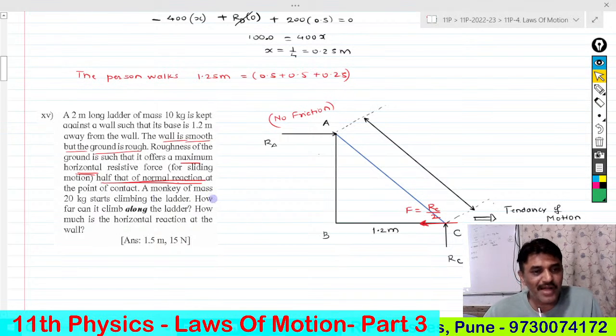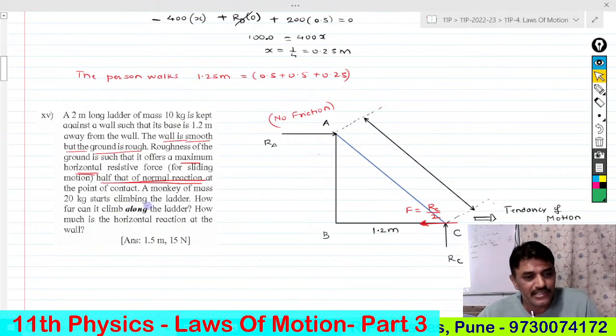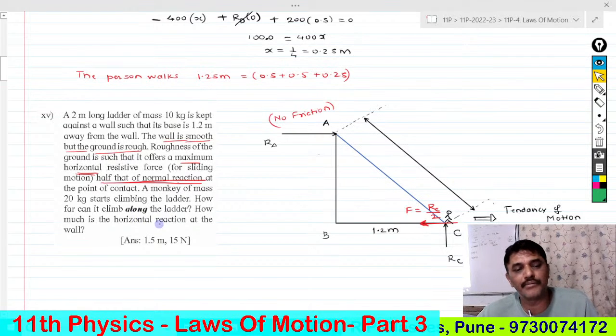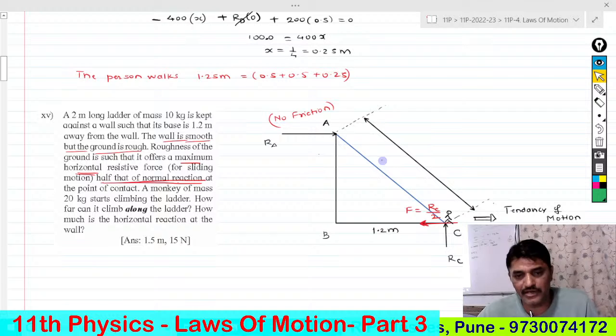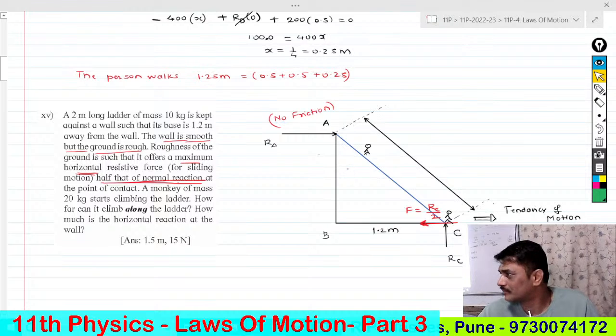A monkey of mass 20 kg starts climbing the ladder. The monkey starts climbing from here. How far can it climb up along the ladder? Suppose at a certain point the monkey reaches this point and the ladder starts to slip.